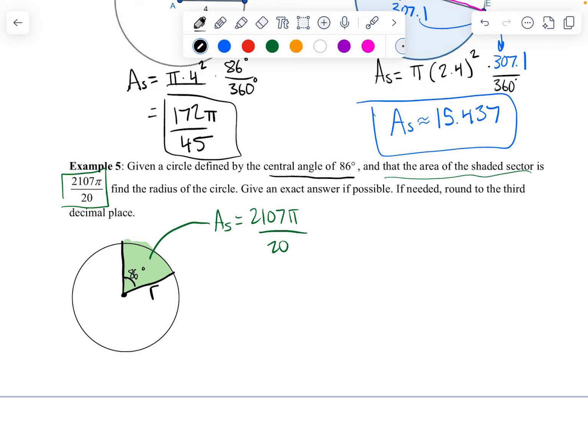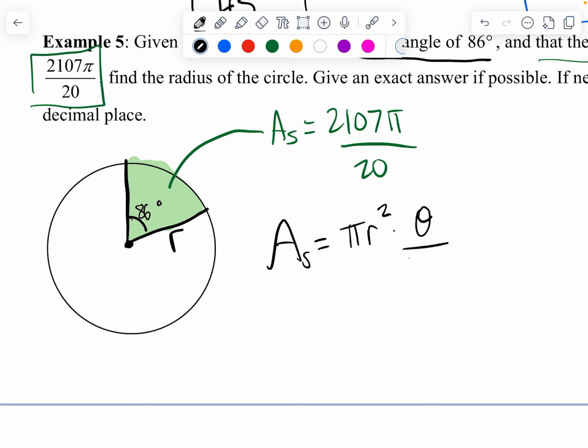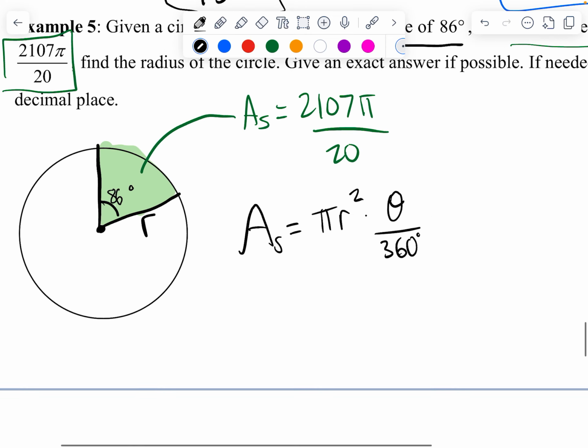Okay. So first off, we know the area and we know the angle that gave us that area. We just need to figure out what the radius was. Well, I just happen to know the area of the sector is the area of the circle times how much of said circle we have. And plug in what we know.